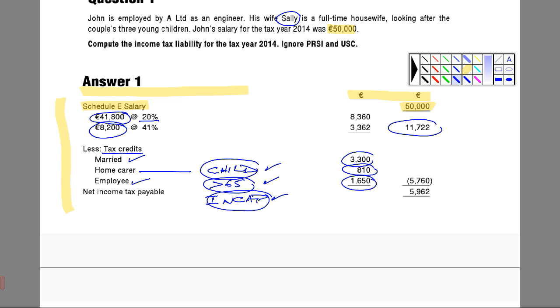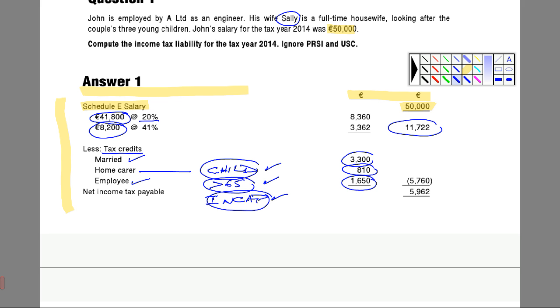Their band was 41.8, based obviously on his income. She had no income at all. So there was no issue between us choosing to increase the band or to use the home carer credit. You should remember that in class we did a question on this area where, yes, you can claim the home carer credit, but you can't also increase the band.